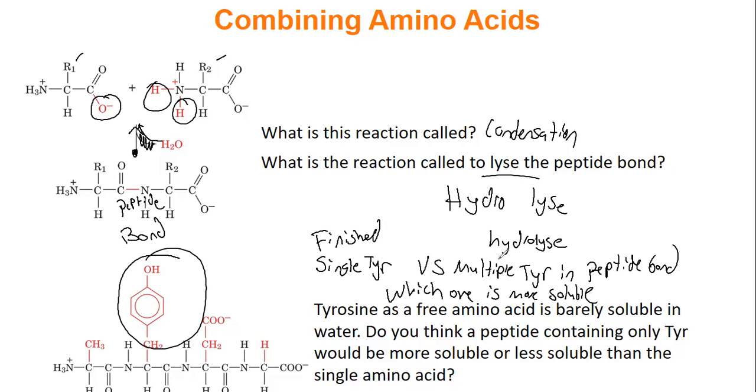If you think the multiple tyrosine is more soluble, say I got partway through. I know it's kind of weird, but if you think single tyrosine is more soluble, answer finished. If you think multiple tyrosine is more soluble, answer I got partway, and then not sure. Because making polls on the fly is not easy in Zoom. So we're going to use this poll.